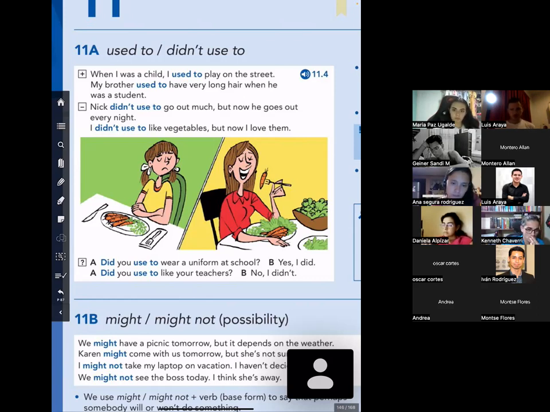Okay, for example, every Sunday I went with my parents to the church. The thing is that every Sunday it's not a frequency adverb. A frequency adverb, there are a lot. For example, you can use seldom.